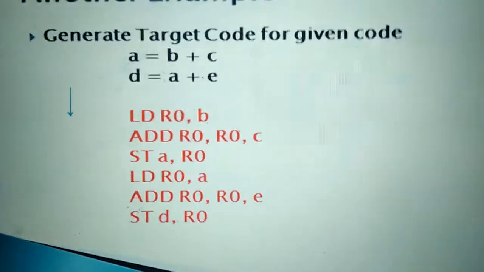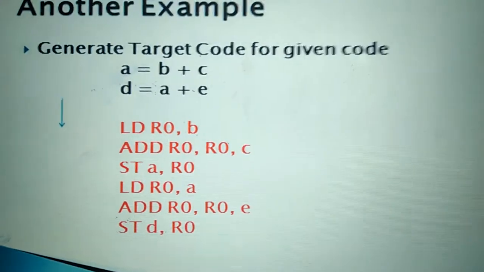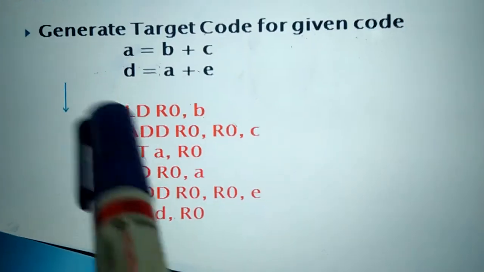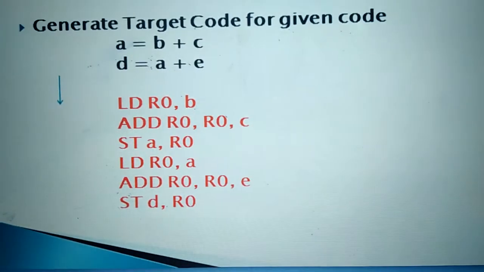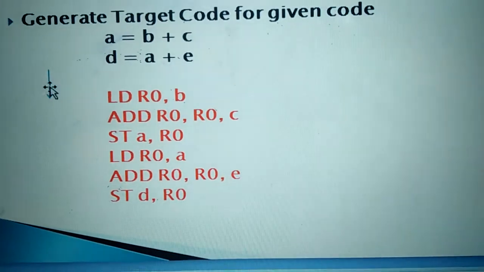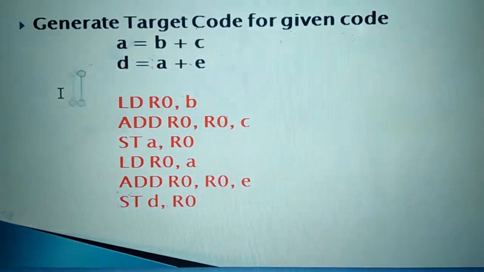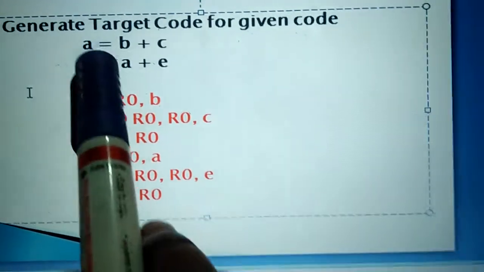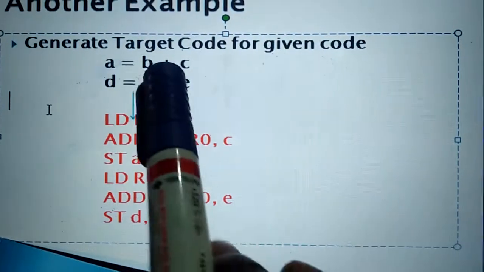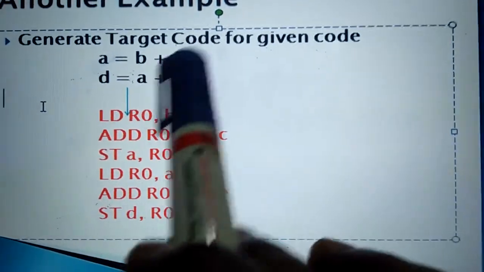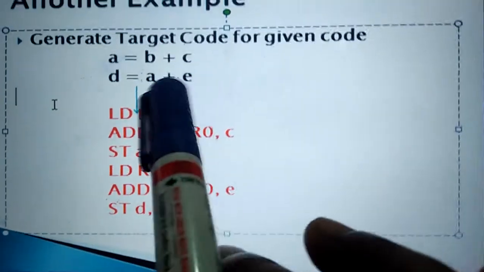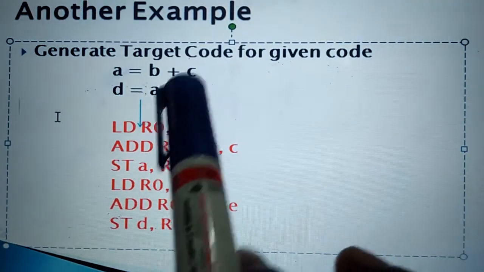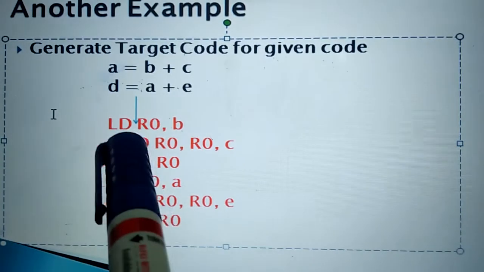The given code is A = B + C and D = A + E. Here, how is the target code generated? I have shown an arrow mark to track how, from the given code A = B + C and D = A + E, the intermediate code is generated, and based on that 3 address intermediate code, let me tell you how the target code is generated.